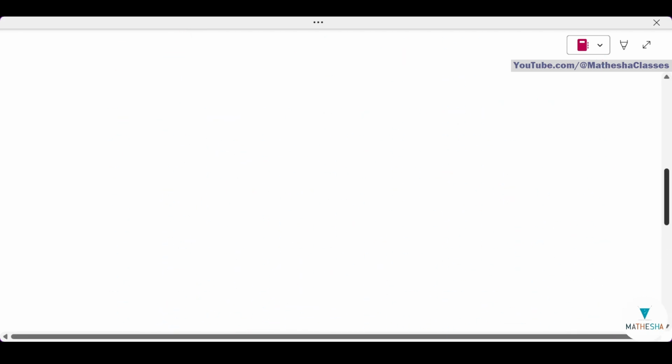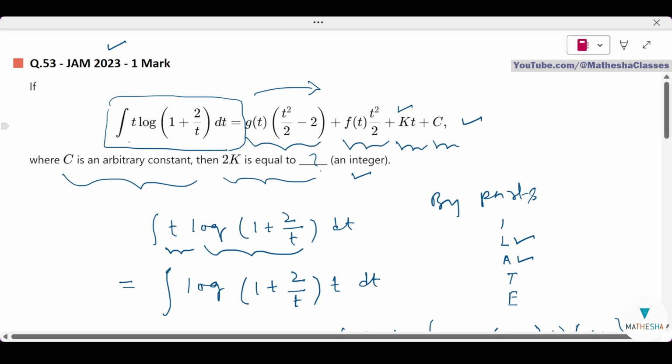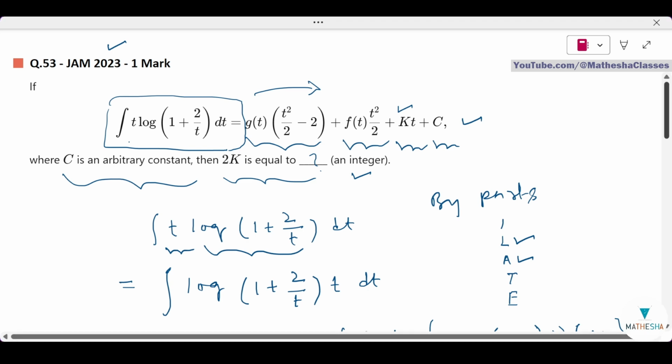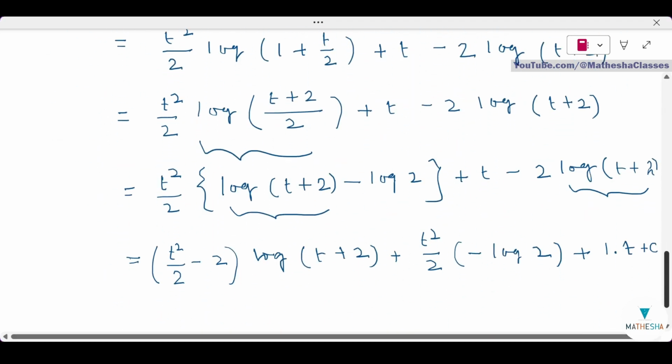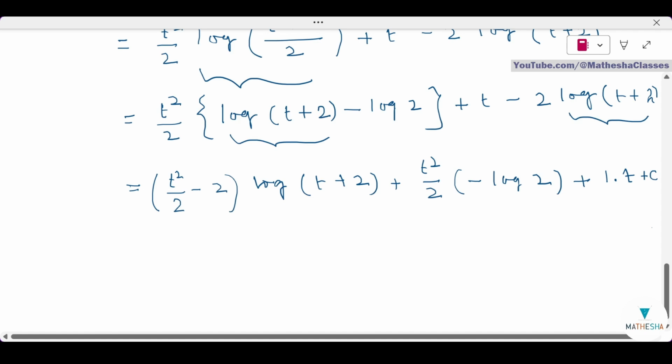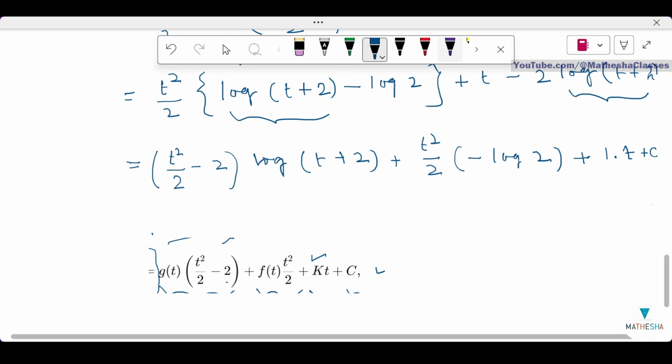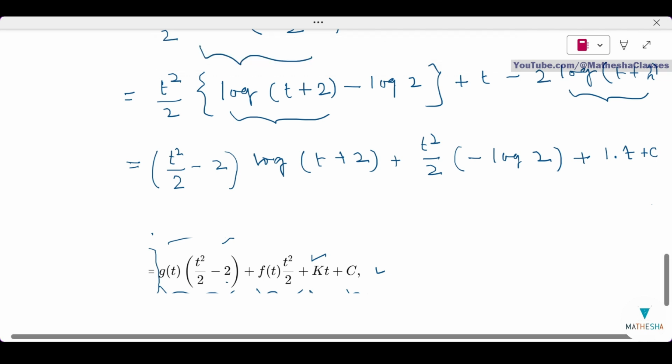Now compare this with the right hand side of the given expression. So the right hand side of the given expression is this. So this part is your t square by 2 minus 2.